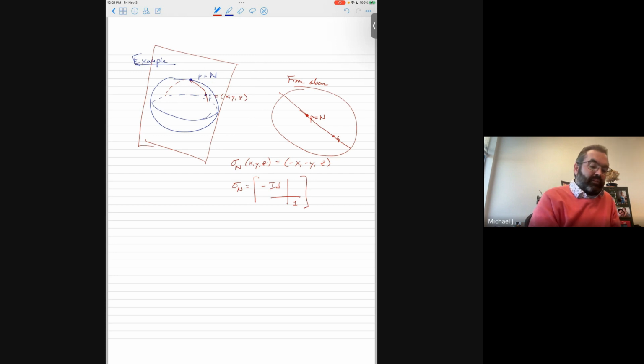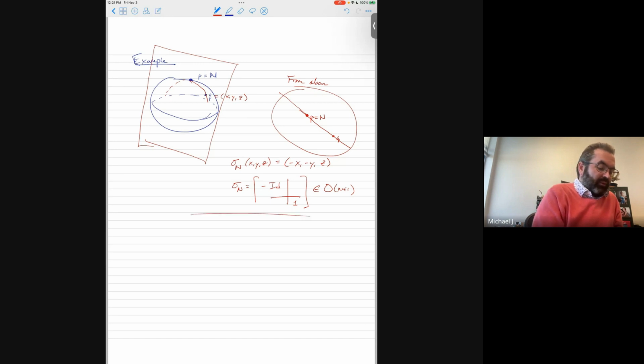That's definitely an isometry of the sphere. And for a general point it's the same: minus the identity on the orthogonal space to P, and the identity in the direction of P.